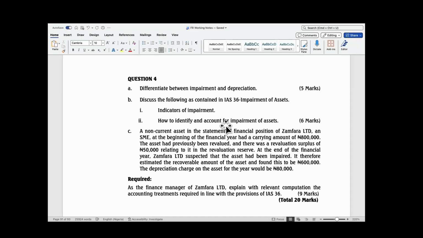Say it again. That is the loss in the value of the assets within the measurement period.